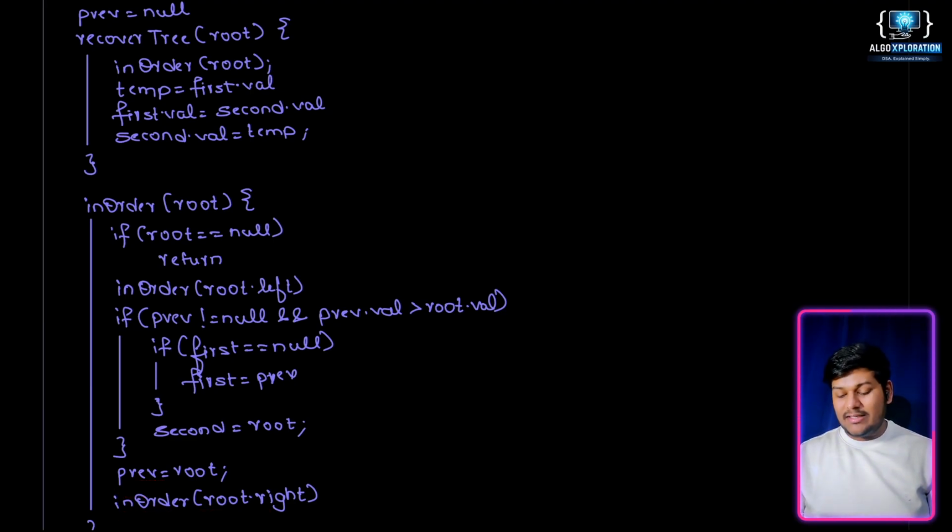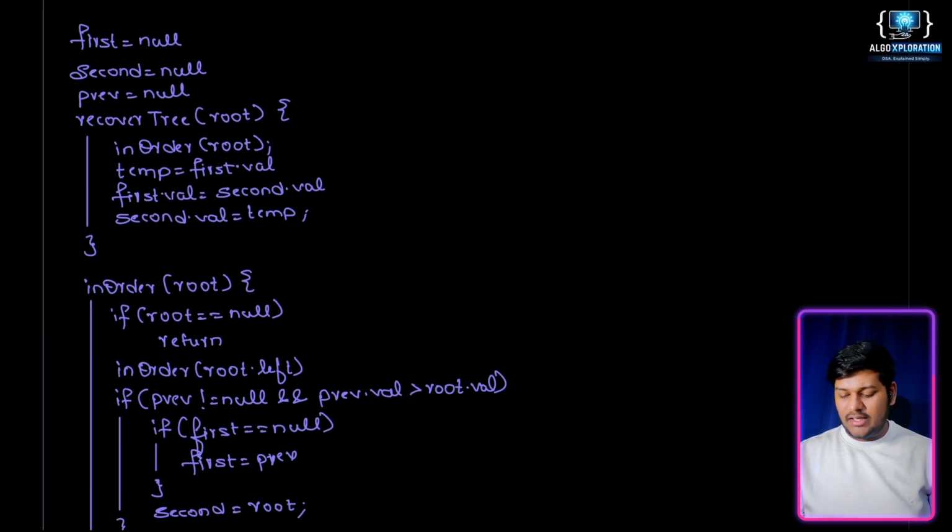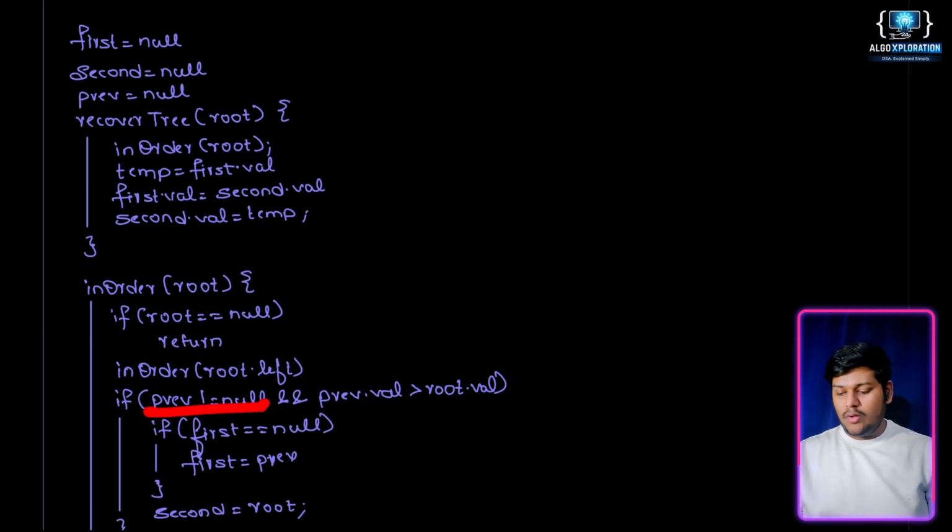Now, if the right node is there, let's say this is the previous and this is the current. I can see that the previous is not null, so I will compare the previous value with the current value.